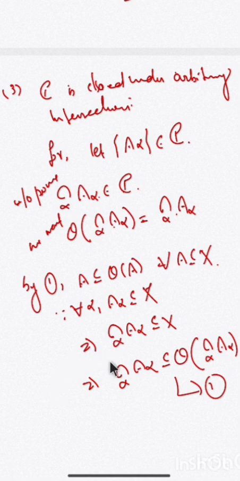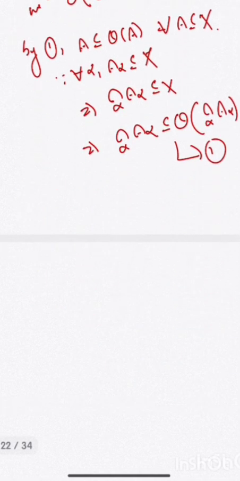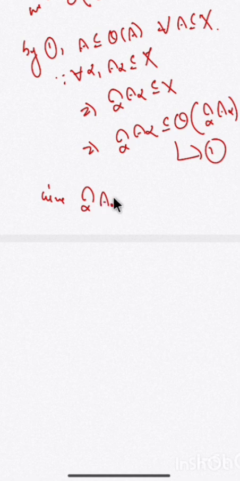Now to prove the reverse. For the reverse, what is the intersection of A alpha? The intersection of A alpha is the smallest set contained in all the A alphas.